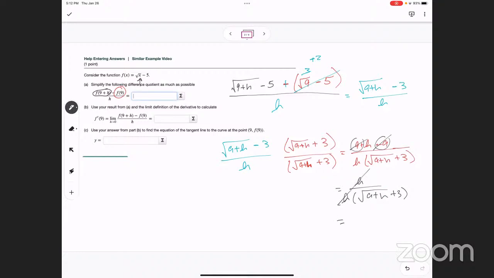Maybe not always, but almost always it works out for you. This is basically the definition of the derivative. This is the simplified quotient, and the limit as h goes to 0 of that is the derivative.